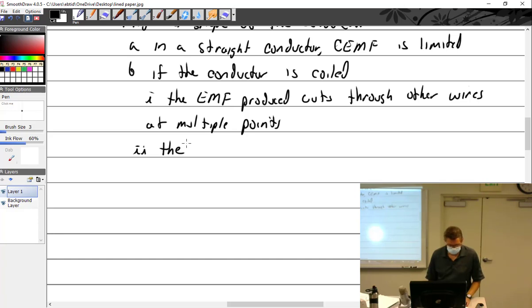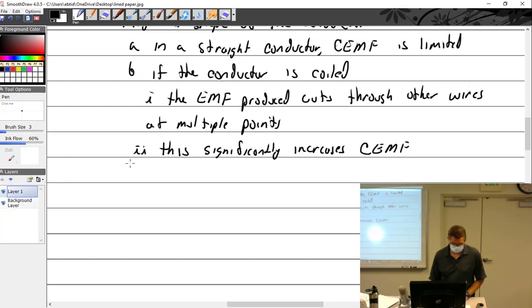This significantly increases CEMF. Means it really wants to stop it. Straight wire is almost negligible.